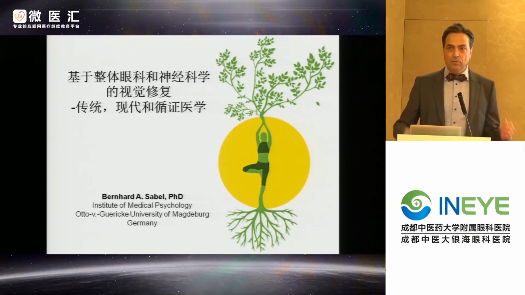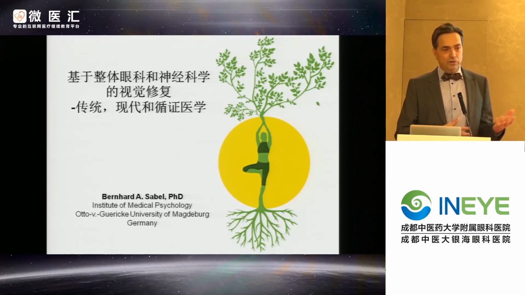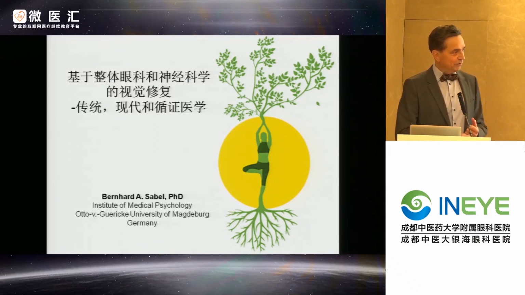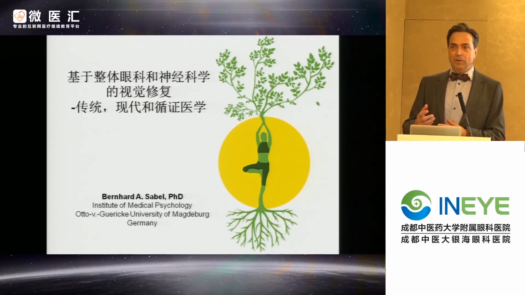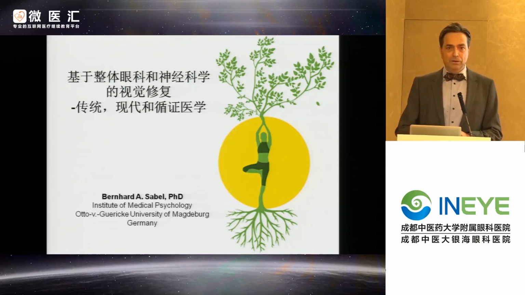So I think that the combination of modern thinking, of looking for mechanisms of action, and at the same time valuing and using old traditional techniques, it's an interesting opportunity.